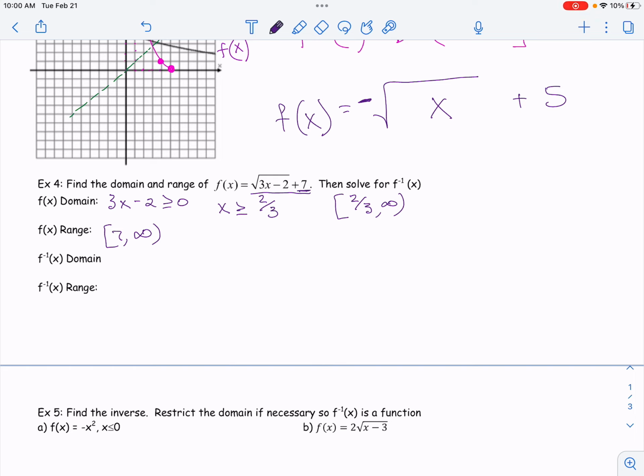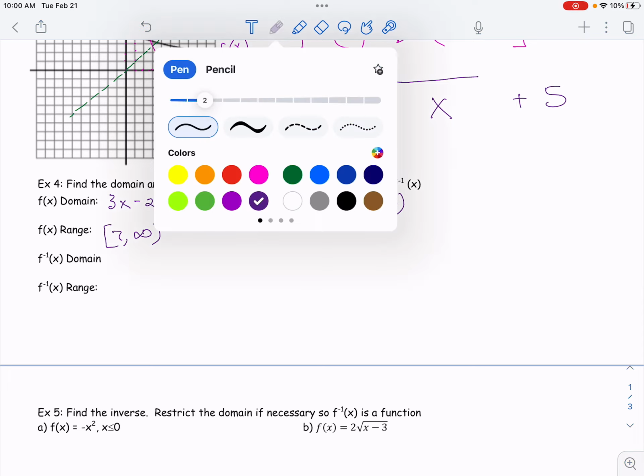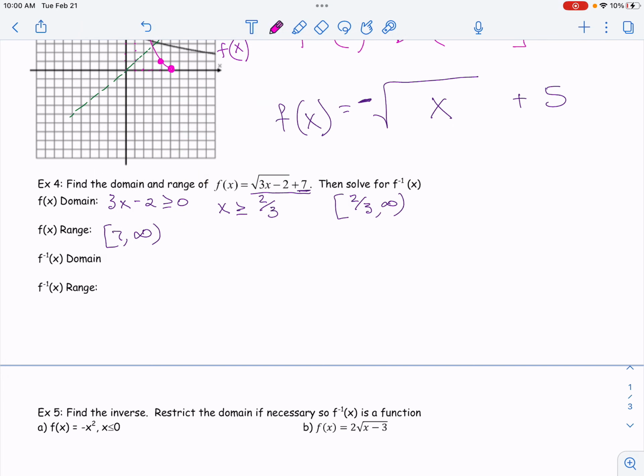I'm going to solve the equation for the inverse. So f of x, I'm going to change the x and the y. So we have this. The inverse of a square root function is a quadratic. So I'm going to subtract the 7. I'm going to square it to get rid of the radical, and I'm left with this.